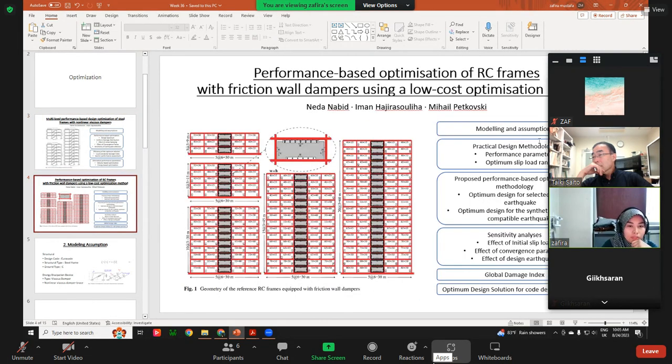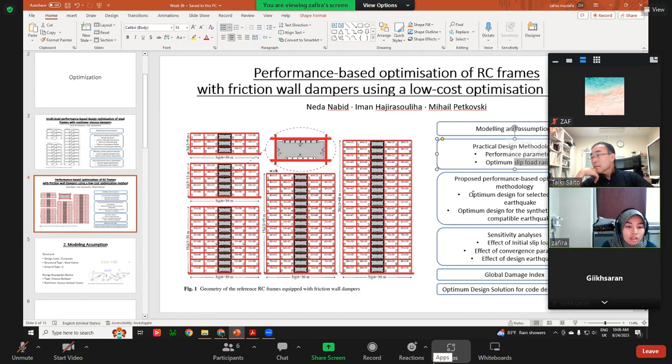In this paper, first they have the building itself and then the energy dissipation device. Because they use wall and friction damper, it uses a slip load, meaning the horizontal load.